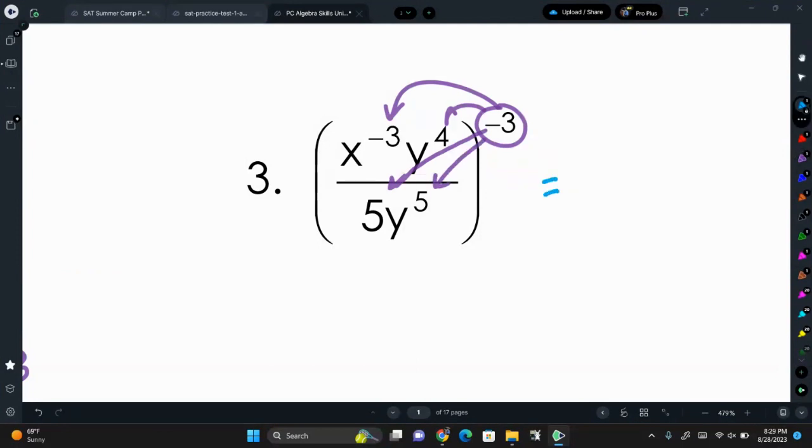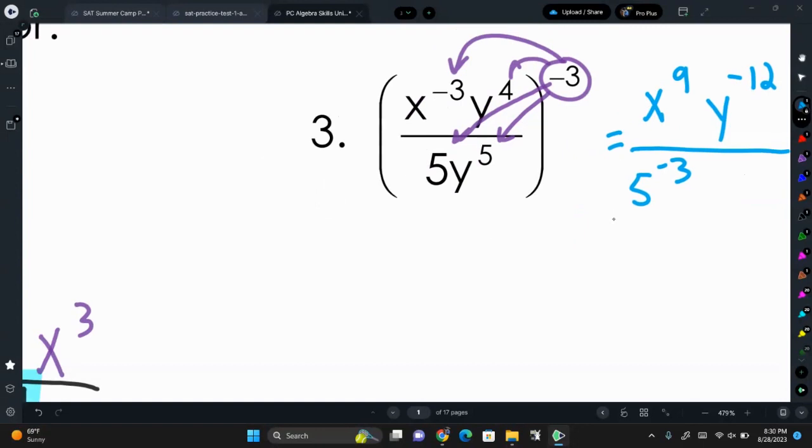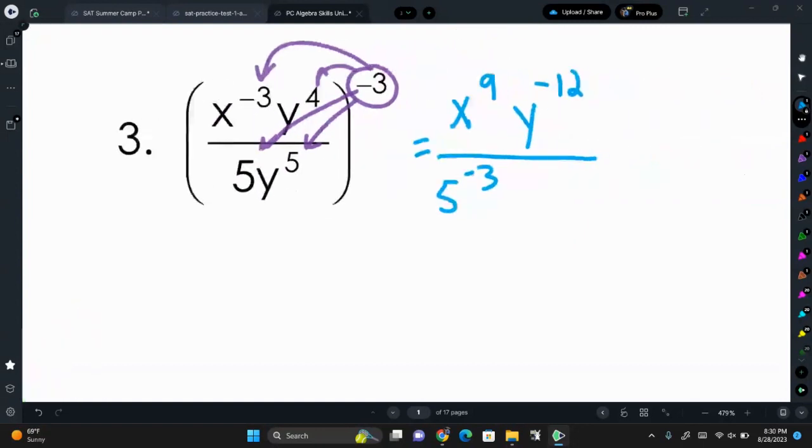So this becomes x to the positive ninth power, because again, negative 3 times negative 3 is 9. Then y, 4 times negative 3 is negative 12, over 5 to the negative third power. And then 5 times negative 3 is negative 15.